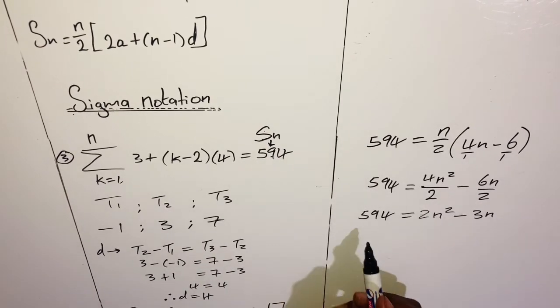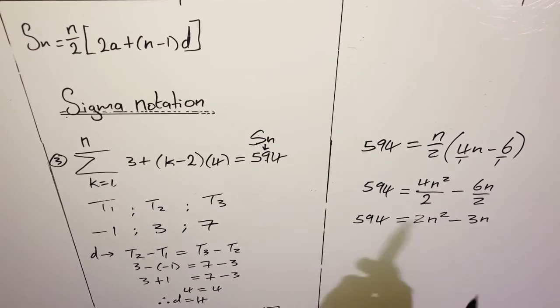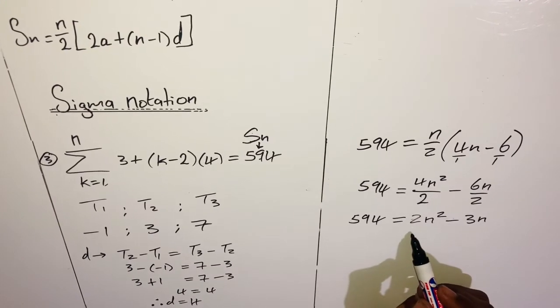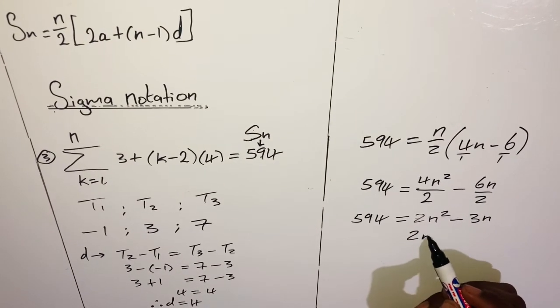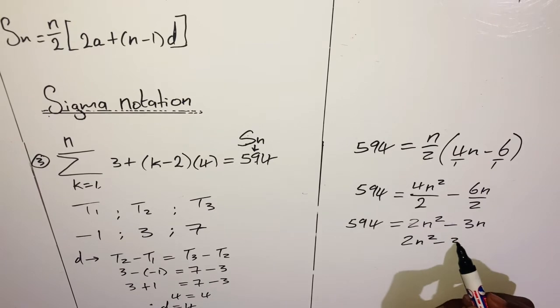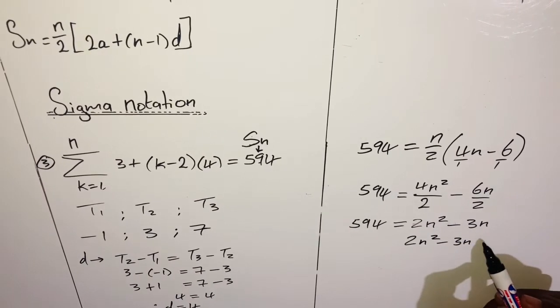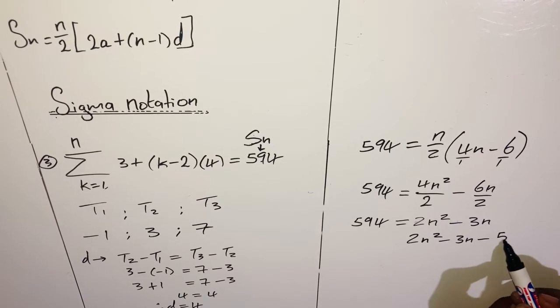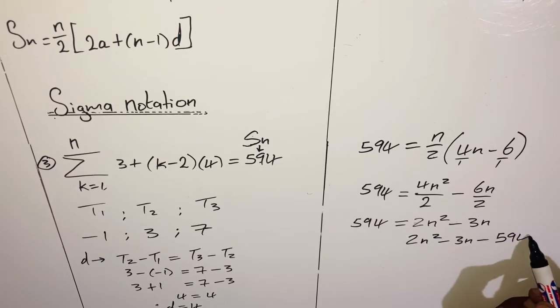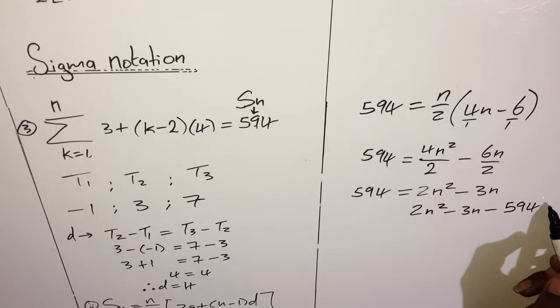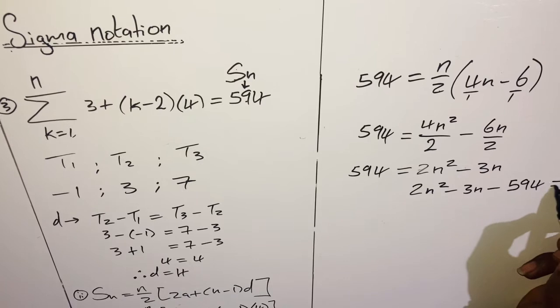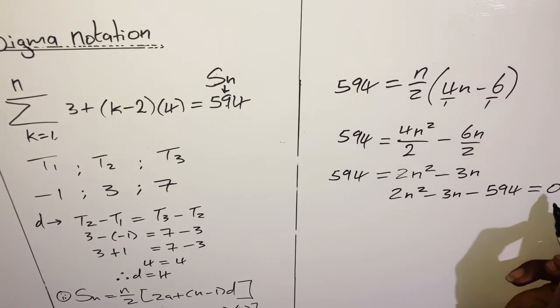Then from here, we take our constant to the other side. We get 2n squared minus 3n minus 594, and equate this to 0.